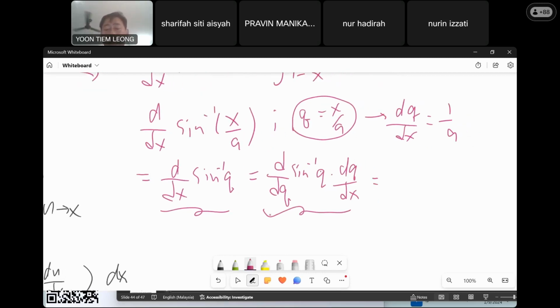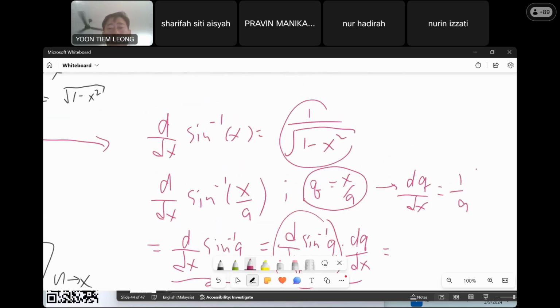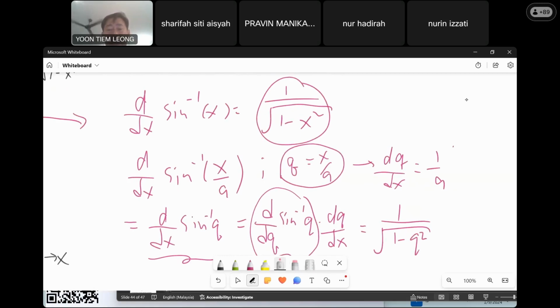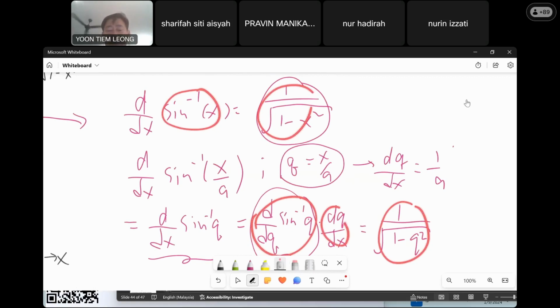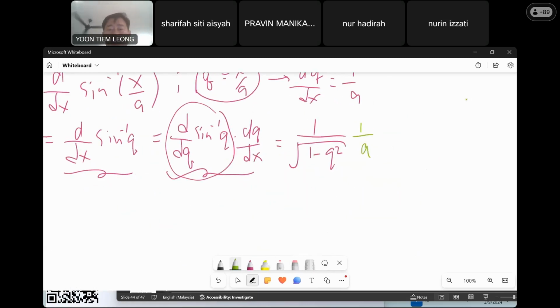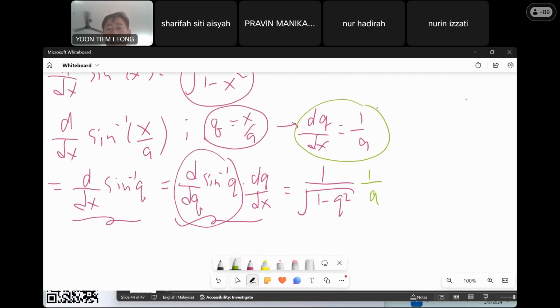Then what I have is d dq of arc sine of q. The d dq of arc sine of q is nothing but just 1 over square root of 1 minus q squared, which I easily write down because I know what is d dx of arc sine of x, right? So d dx of arc sine of x gives you this, therefore d dq of arc sine of q will give you this. Then you have dq dx, which is then 1 over a. So the 1 over a is obtained from this very simple expression.